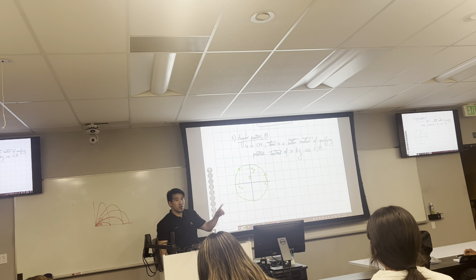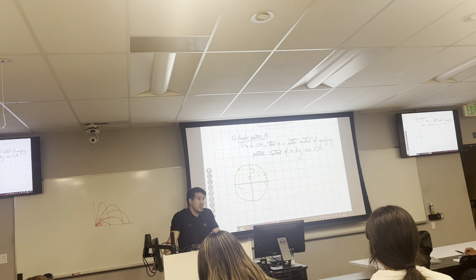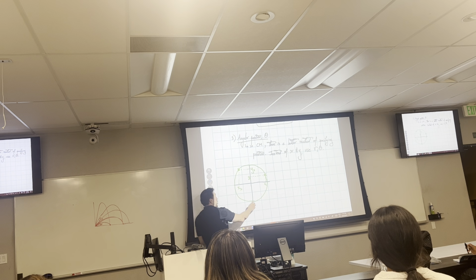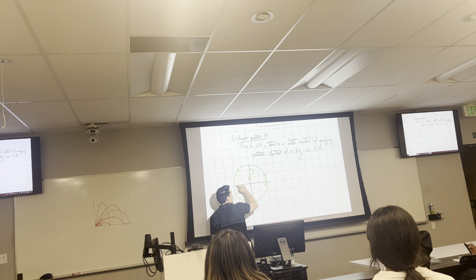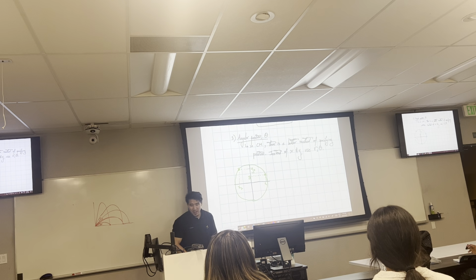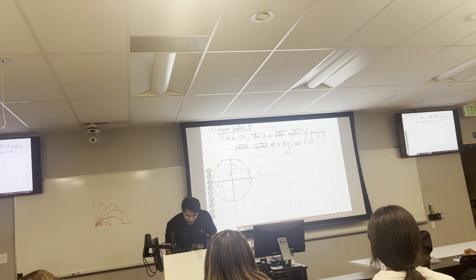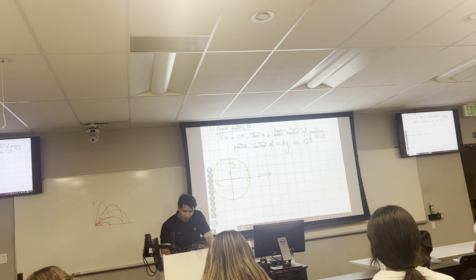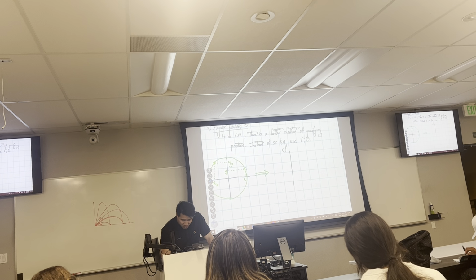Because you're moving in a circle, is the radius changing? The answer is no, the radius is constant. So instead of changing two things, if we use r and theta, we will only be changing the theta. This is the reason why r and theta in circular motion is much more convenient.